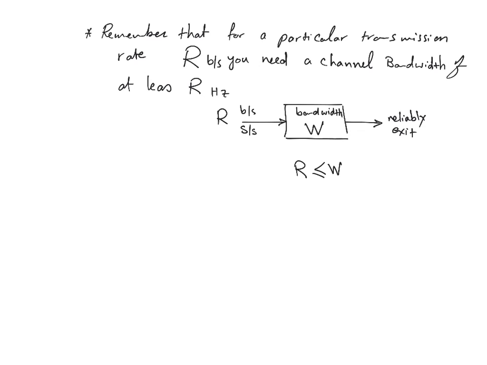So this means that your communication is no longer reliable because you have lost some information as you go through the channel, right? So in order for reliable communication, R, the rate that you put into the channel, has to be smaller than or equal to the bandwidth of the channel.